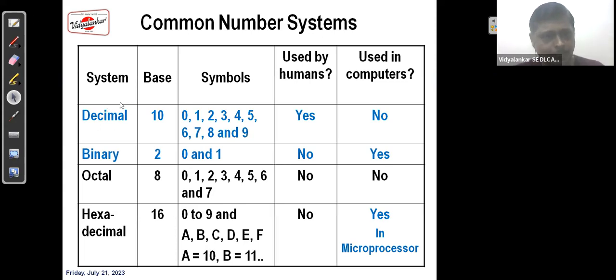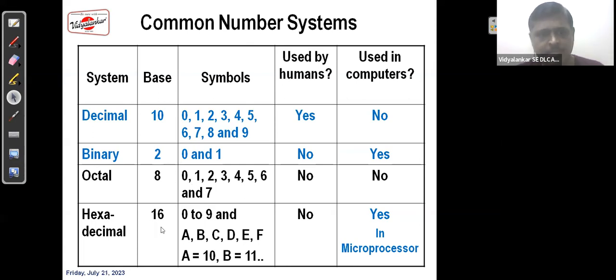One is decimal, second is binary, third is octal, fourth is hexadecimal. You are aware decimal means total 10 digits, 0 to 9. Binary means 2 digits, 0 and 1. These are called bits. Octal has 8 digits, 0 to 7.